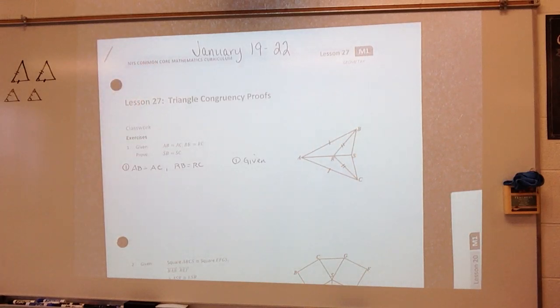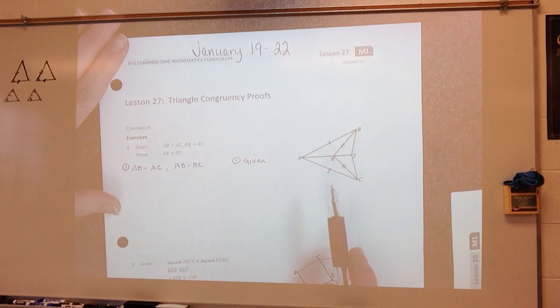Basically, let's look at this. We're going to look at proving triangles congruent. Even though my proof does not ask for me to prove a triangle congruent, at some point in time we're going to have to prove triangles congruent.